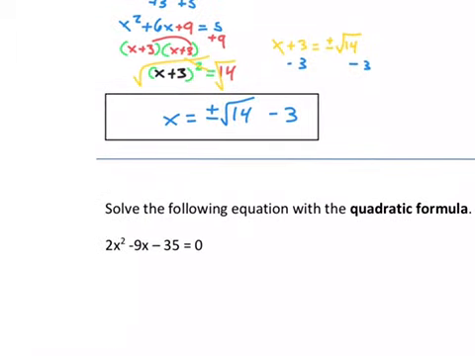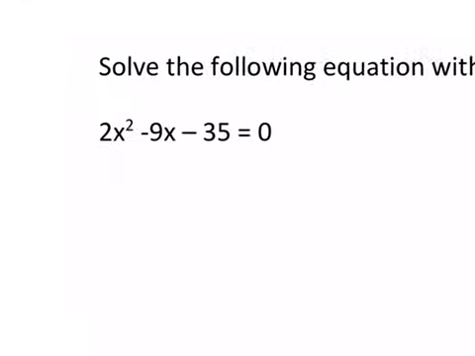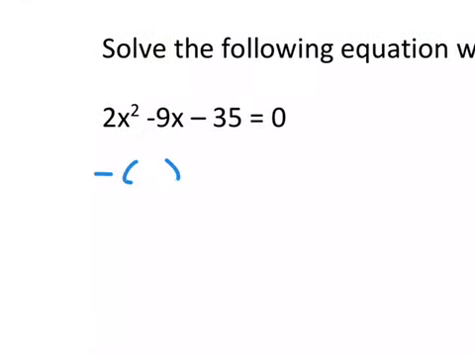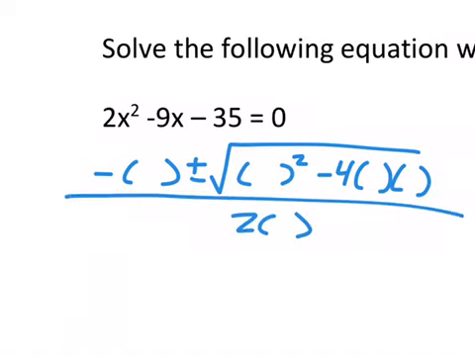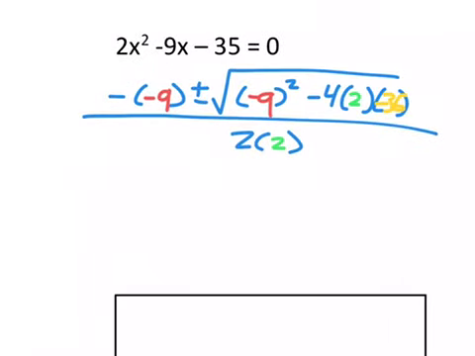Simplify the following equation with the quadratic formula. So we've got our negative b plus or minus square root of b squared minus 4ac all over 2a. All right, so we got a negative 9 here. Our a is a 2. And our c is a negative 35. Simplify just a little bit at a time here.